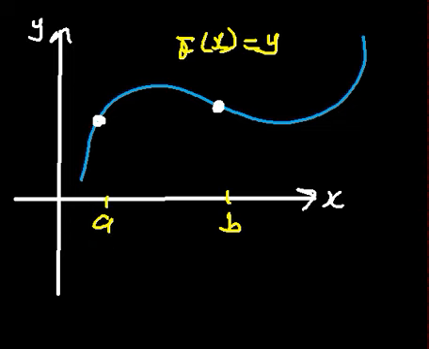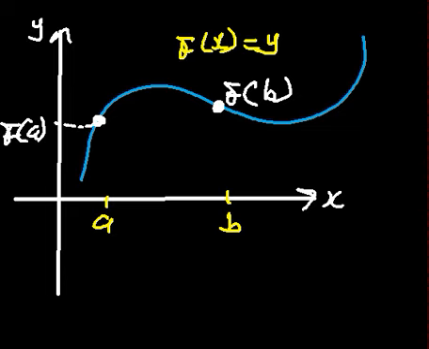We have it as f of A. And for this point, it should be given as f of B.